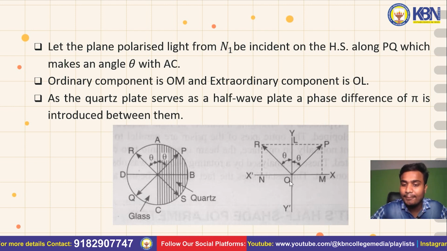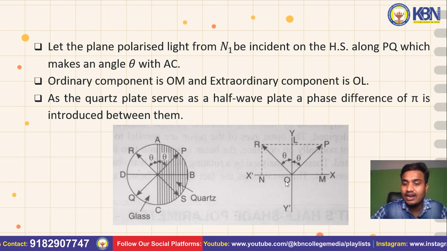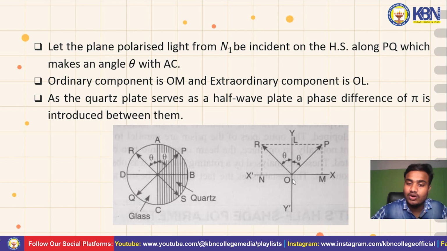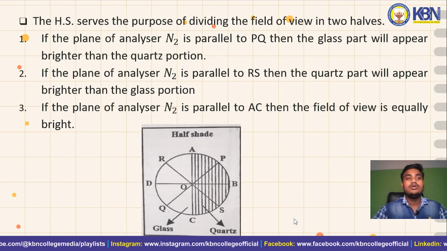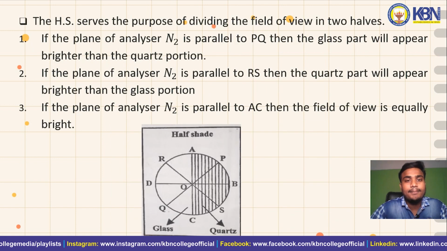So the new component of ordinary light is ON and the extraordinary component is OL. The resultant of the extraordinary and ordinary components is OR, which makes an angle theta with the XY dash plane.